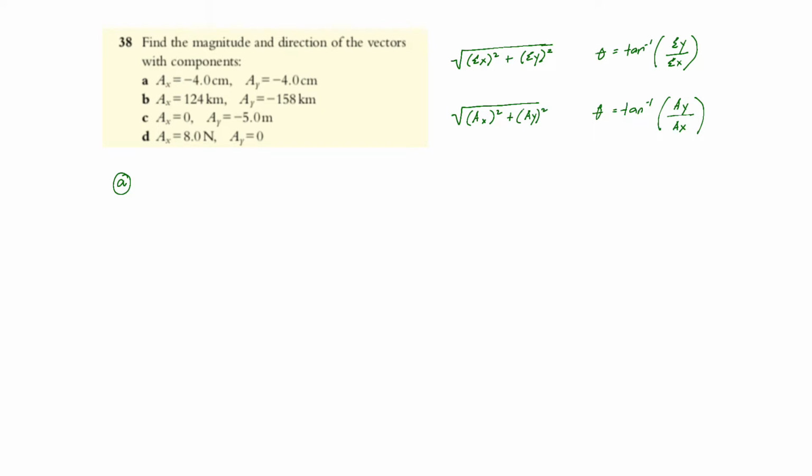So let's try to solve for letter A. That would be negative 4 centimeter squared plus negative 4 centimeter squared, and that is 5.66 centimeter.